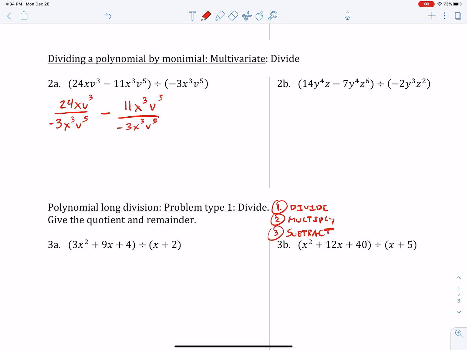Okay. There's a lot going on here, and I want to emphasize that this x has a 1 above it, if you want to put it there. You don't have to do that. But I put that 24x to the 1st power there to help with the visualization of us utilizing the quotient rule.